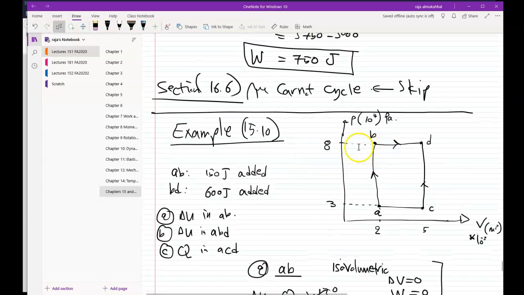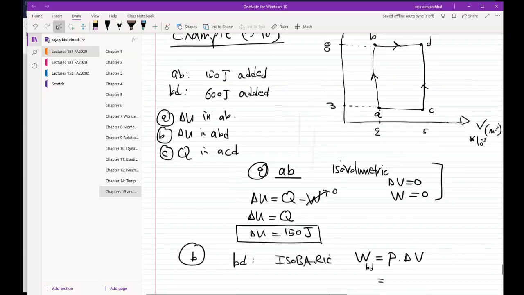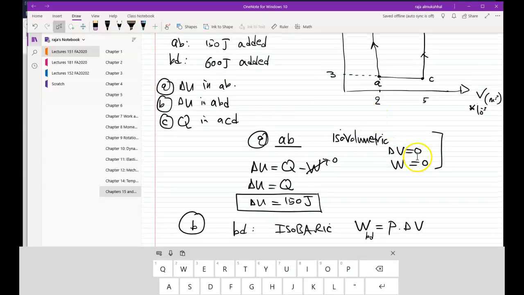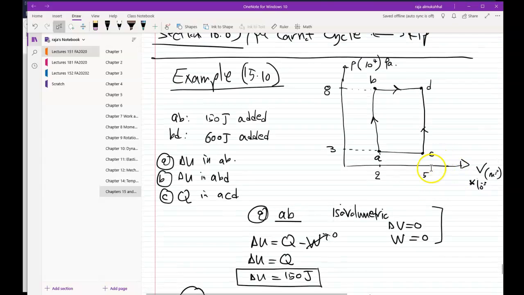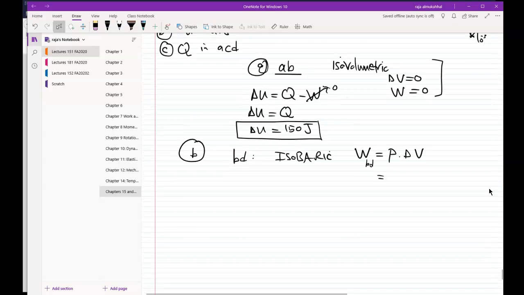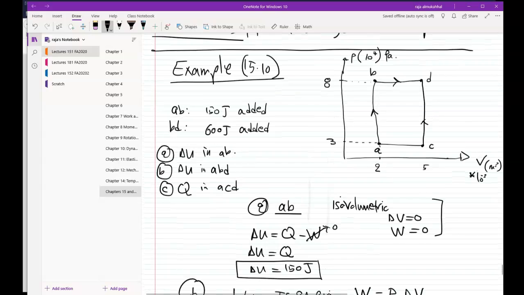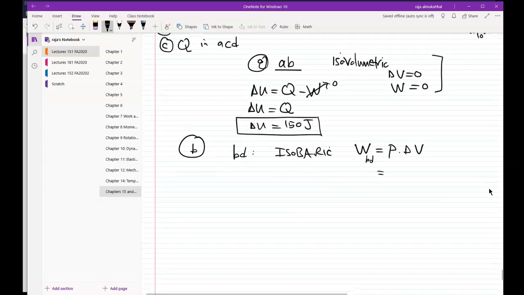Well, the pressure is 8 times 10 to the 4th. Correct? And then delta V here is basically the difference, so remember it goes from B to D, so from 2 to 5, so that means 5 minus 2 to the power of negative 3. You got that? So that's what we're going to do. So in this case, the pressure is 8.